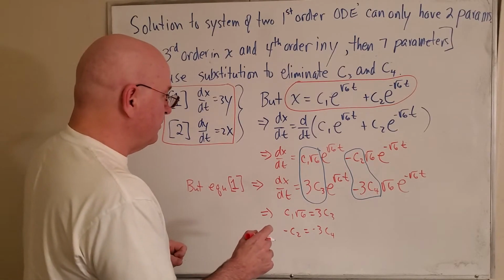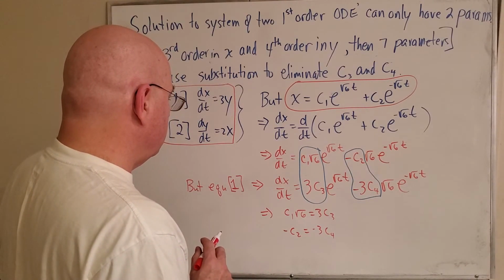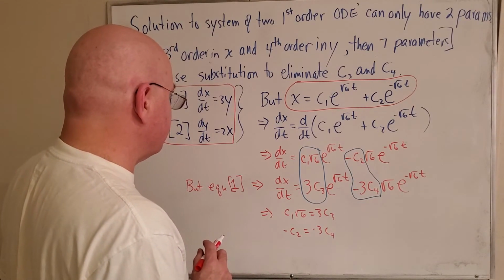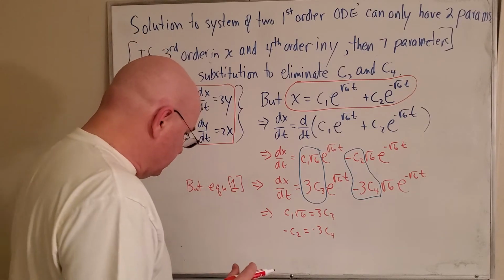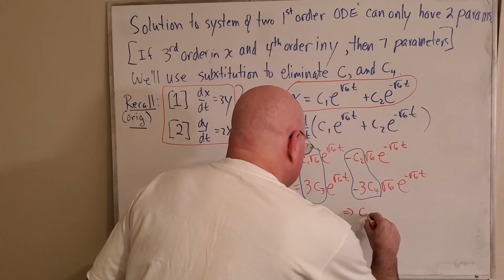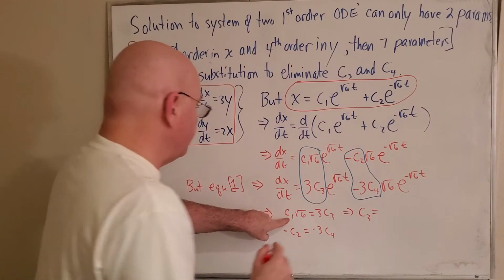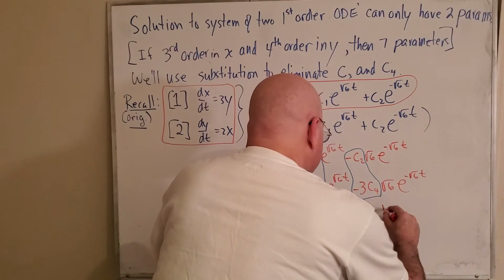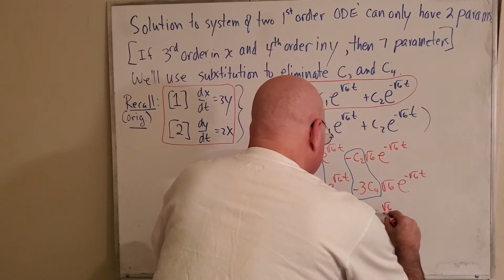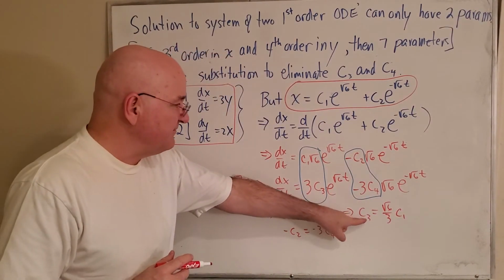So how do I write c3? I just need to solve it for c3. And then c4. c3 is equal to radical 6 over 3 c1. And that's perfectly fine for c3.